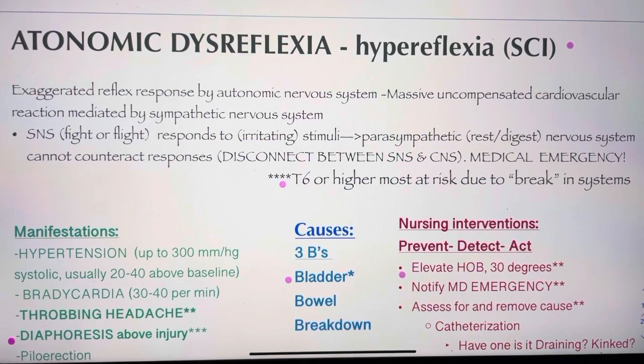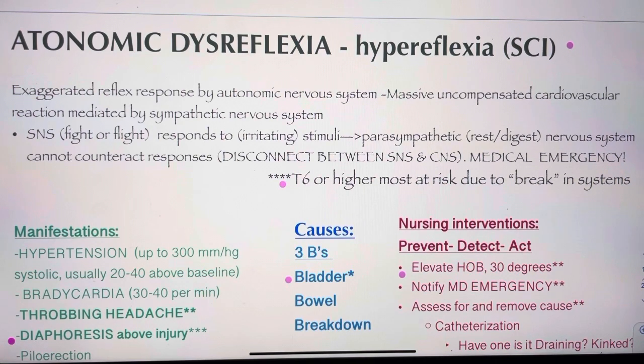One of the main complications of spinal cord injury is autonomic dysreflexia, or hyperreflexia, which is an exaggerated reflex response by the autonomic nervous system, which causes a massive uncompensated cardiovascular reaction, mediated by the sympathetic nervous system. So what this means is that the SNS, or the fight or flight, is responding to an irritating stimulus that the parasympathetic, the rest or digest nervous system, cannot counteract.